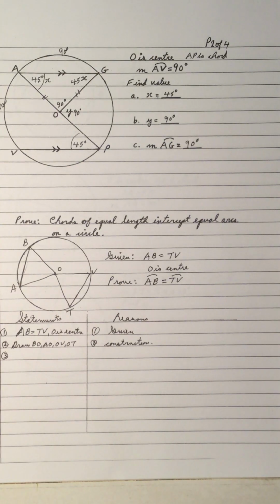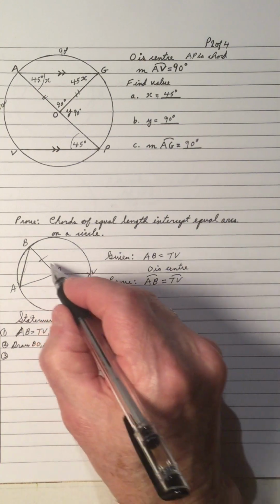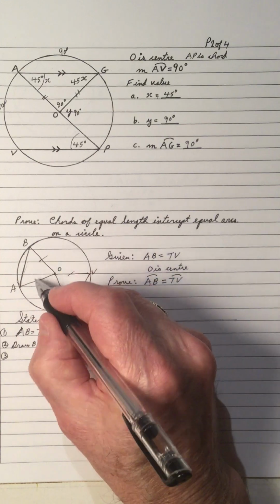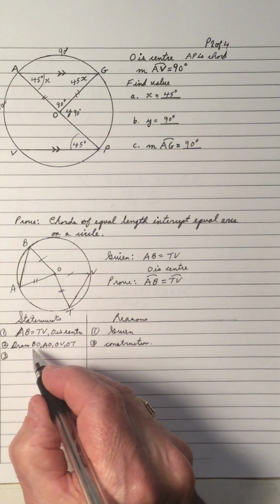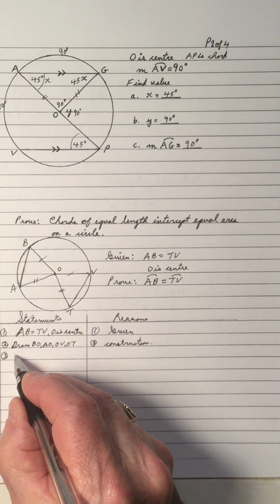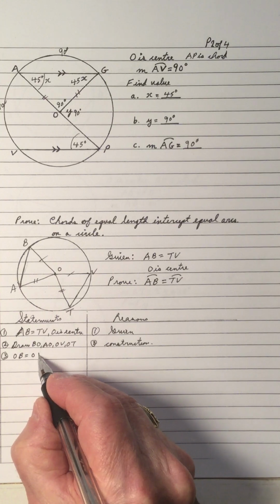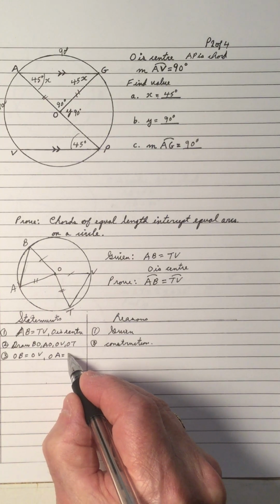And number 3, we have they're equal. So let's go with B going with V, and let's go with A going with T. So we have, because the radii, we have OB equals OV, and we also have OA equal to OT.